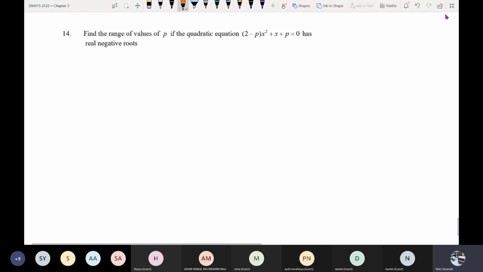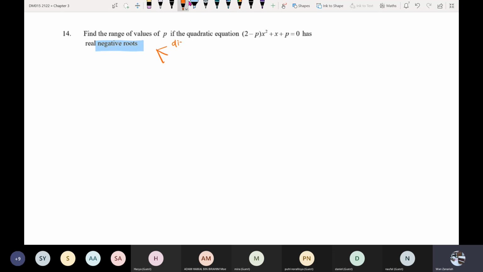Okay. So find the range of P if the quadratic equation has real negative root. Okay. Apa maksud real negative root? Kita ada roots yang apa?